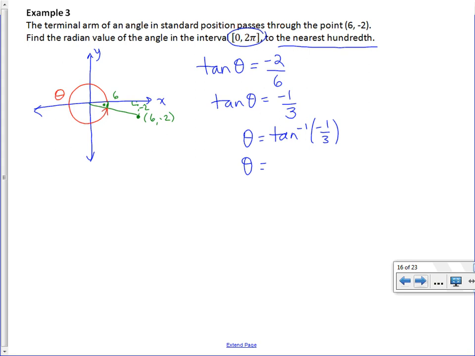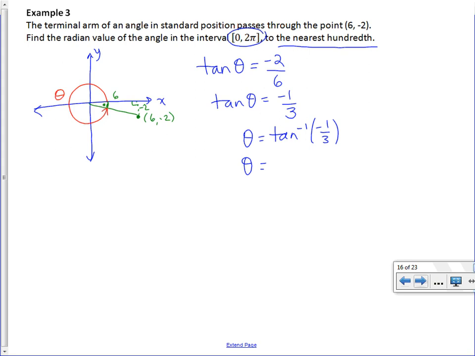If you're not, your calculator is going to spit out a degree answer. Last year you totally did it with degrees. If you were in degree mode right now, you would have gotten about -18 degrees. But 18 degrees isn't equal to 18 radians, you know that. So get your calculator into rad mode, and you go tan inverse of bracket -1 over 3 close bracket.